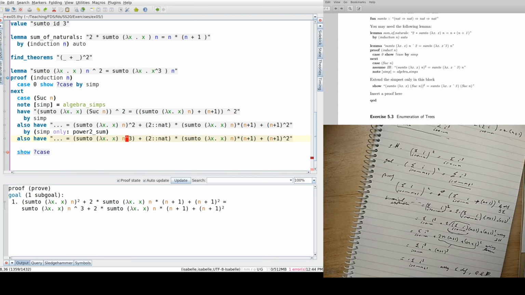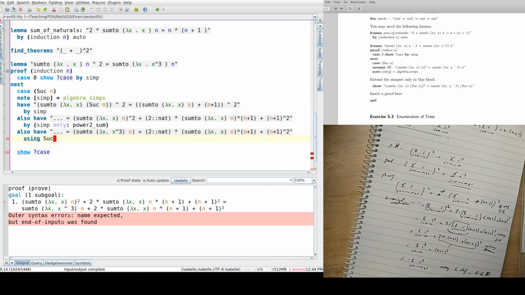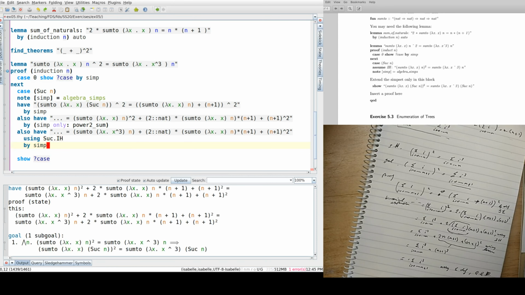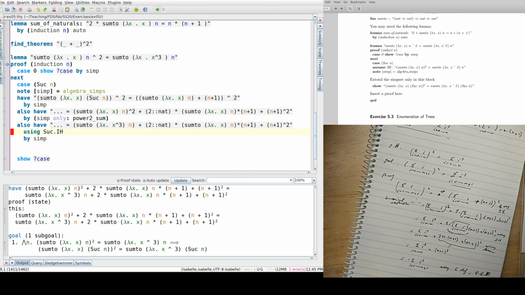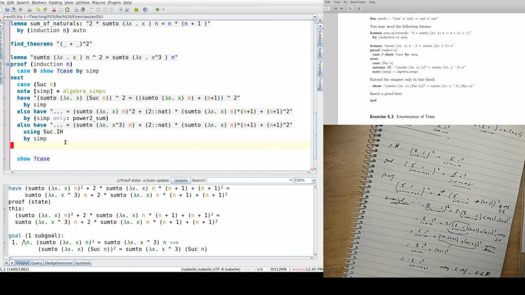Sorry. So that is it. Which is that basically. And that should be doable using the induction hypothesis by simp. The induction hypothesis quite simply is the theorem on n. And then we have that.